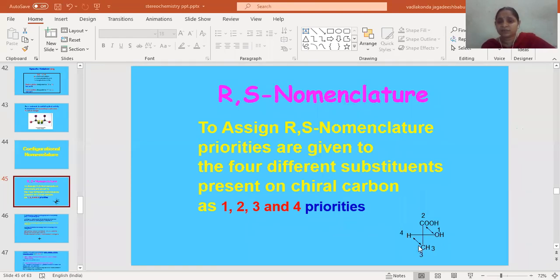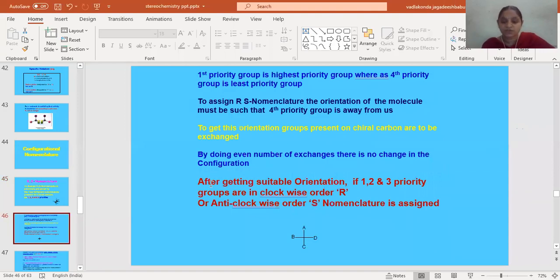After giving priority, when we observe the numbers, if 1, 2, 3 are in the clockwise direction, then that compound is named R, and if it is anti-clockwise, it is named S. This nomenclature is used to give names to the enantiomers.